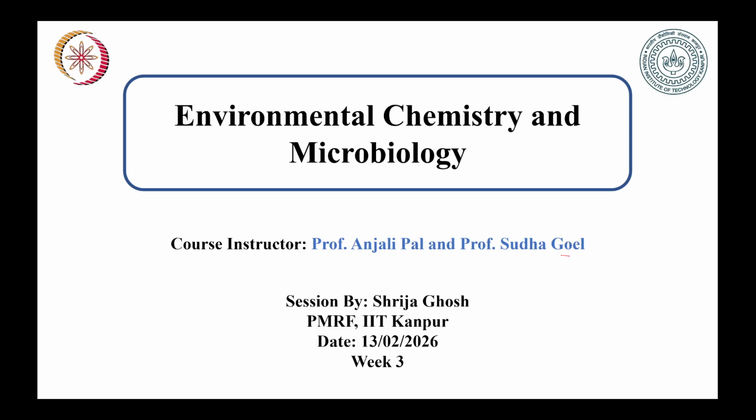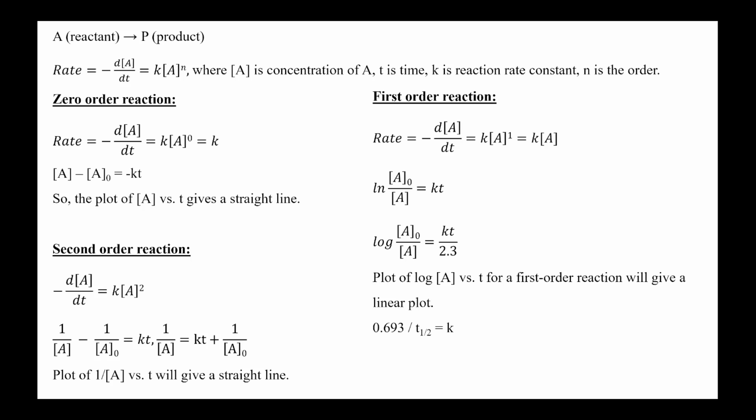Before starting with the questions, I just want to brush up one major concept that is being used in all these questions that we are going to discuss. I told you the session is about reaction rates and chemical kinetics, right?